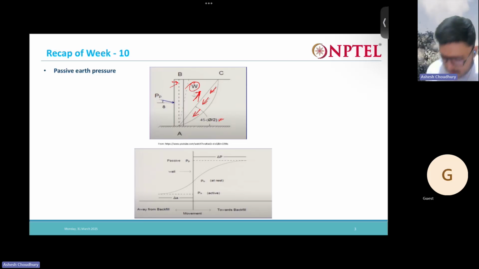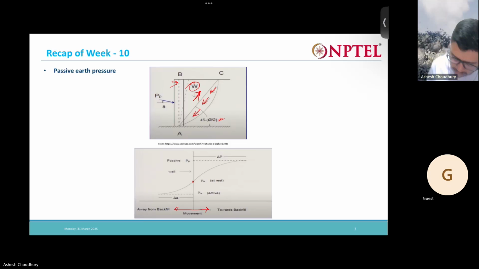Okay. Then you see a graph here. So here it shows this is the lateral movement, or the lateral strain, that is shown in the x axis, and in the y axis you have the pressure or the thrust.